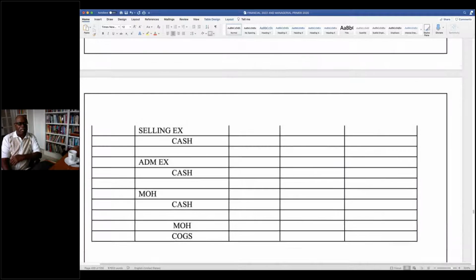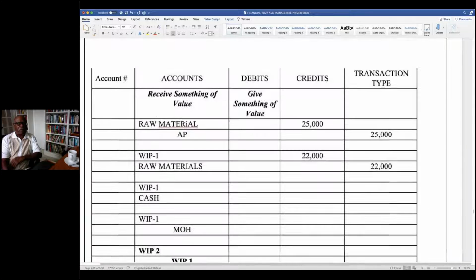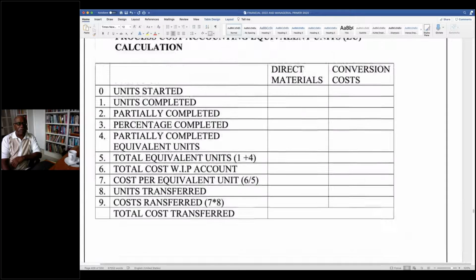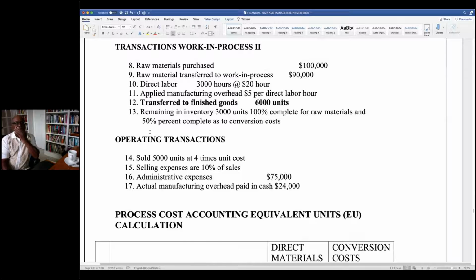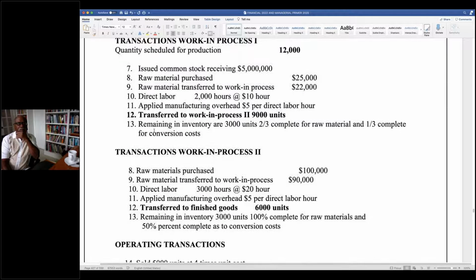What's our next transaction? So direct labor, 2,000 hours at $10 an hour.